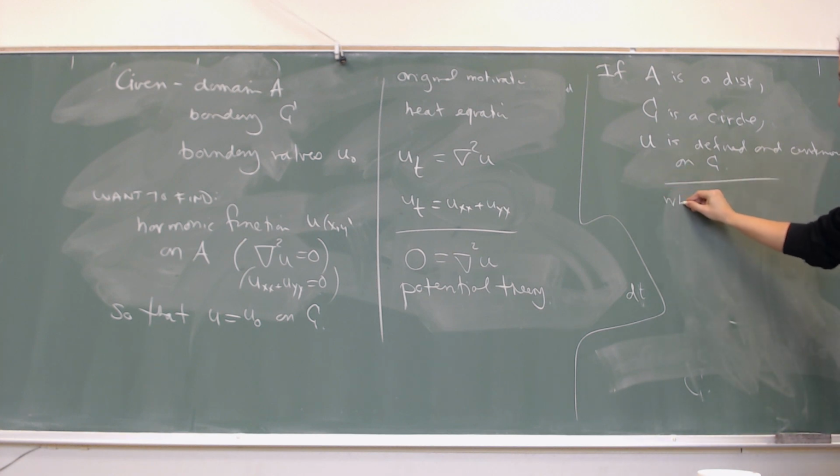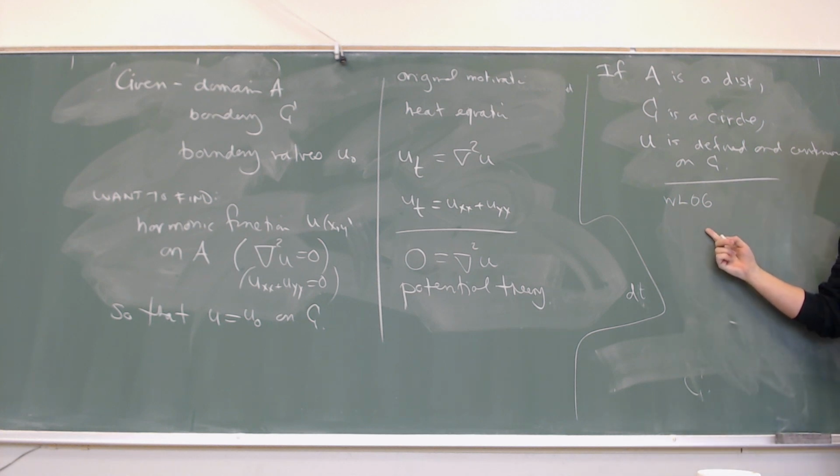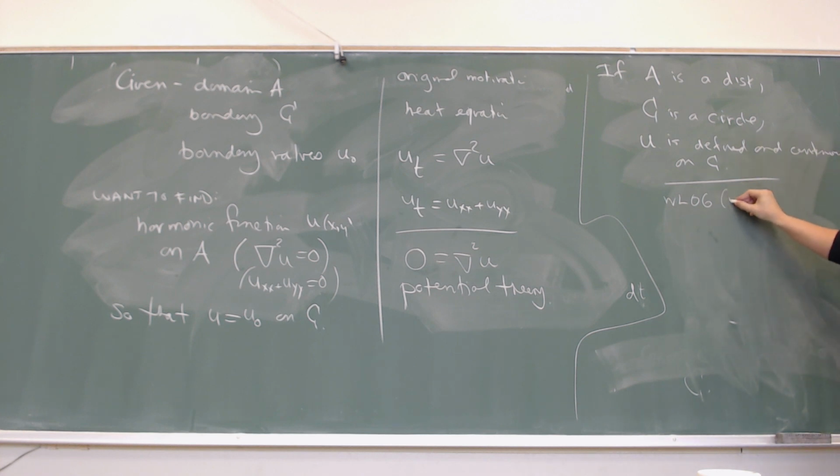So I'm even going to go so far as to write the heinous expression WLOG here, which I did not know what this meant until my fourth year of math. I was like, why do people write WLOG all over the place? So this just means without loss of generality. It's terrible.